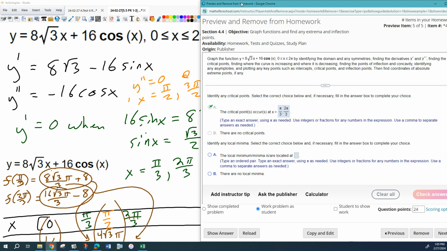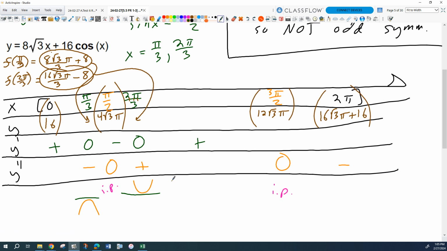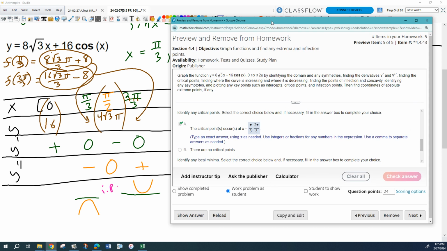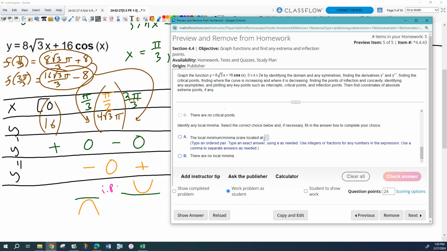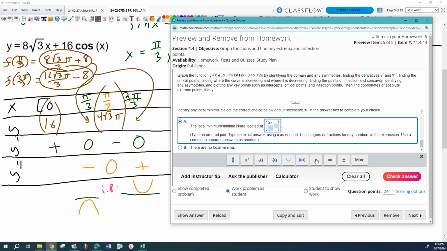Okay, we had local minima right there. Ooh, that was an ugly one. So the ordered pair was 2/3 pi, and then it was that bottom bubble.